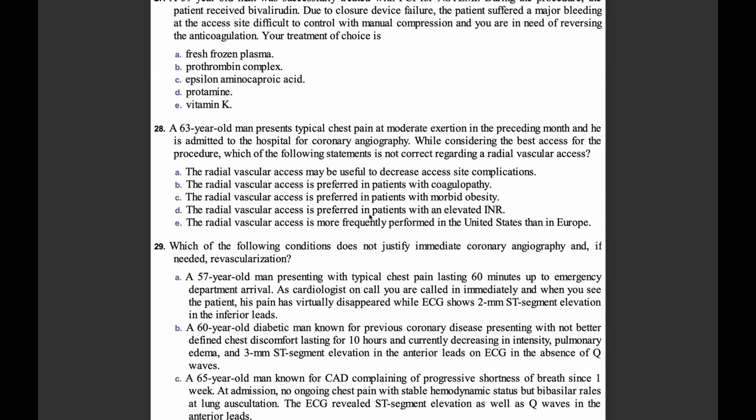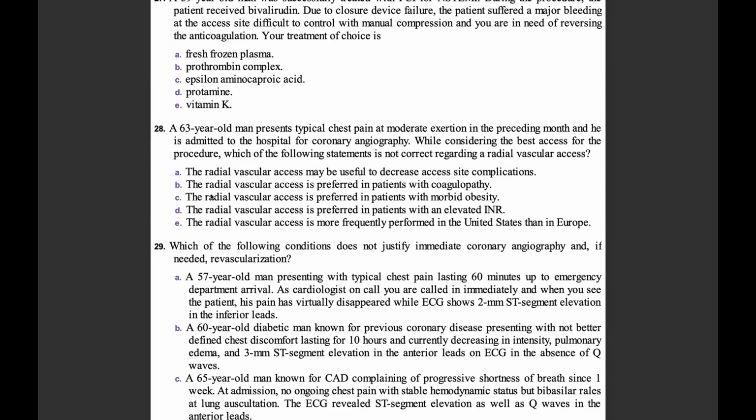Option B is correct. For patients with morbid obesity, I also mentioned earlier that it's correct. Then for patients with an elevated INR, these are patients at high risk of bleeding, so you also want to use the easier vascular access where hemostasis can be easily secured. So option D is also correct.